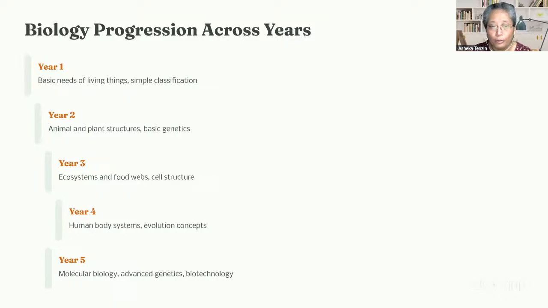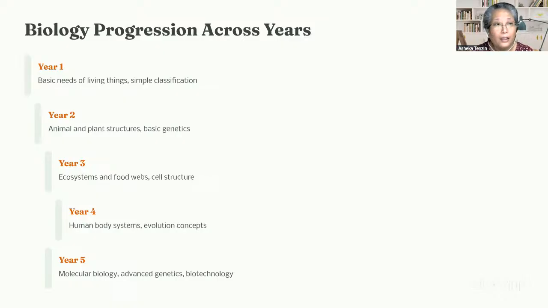MYP 4, human body systems, evolution concepts, and MYP 5, molecular biology, advanced genetics, and biotechnology. Now, this is just an example. I'm not saying that you must teach this. The topics can look different, but this is one suggestion.